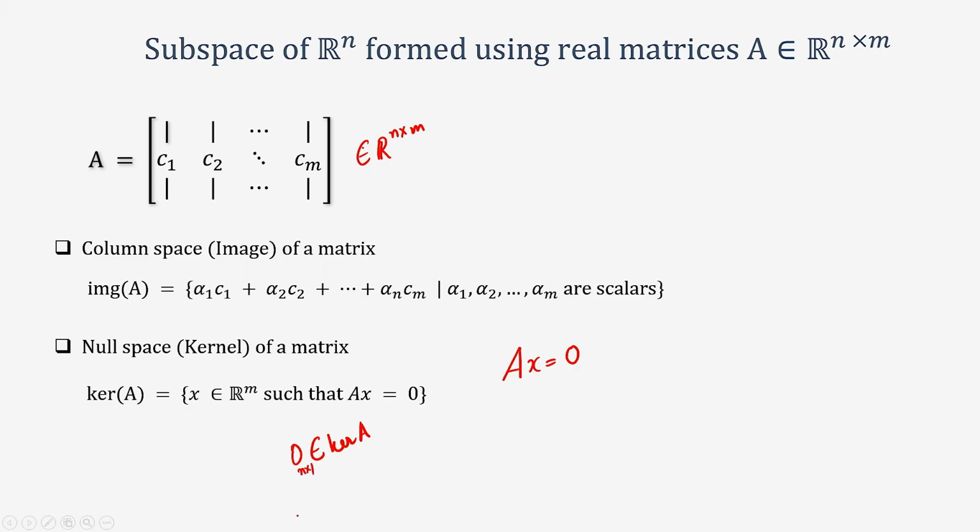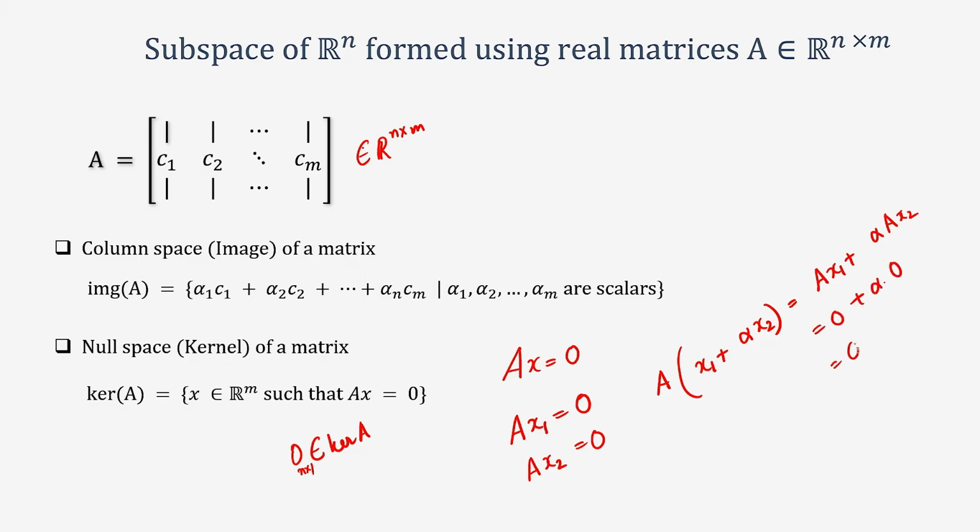Okay. The second question is, suppose you take a vector which satisfies Ax1 equal to 0, that means x1 belongs to kernel of A, and another vector say x2 which belongs to kernel of A. So, Ax2 is equal to 0, then you can see that A times of x1 plus alpha times of x2 is equal to A times of x1 plus alpha times of Ax2, but Ax1 is 0, alpha times of 0, and this comes out to be 0.